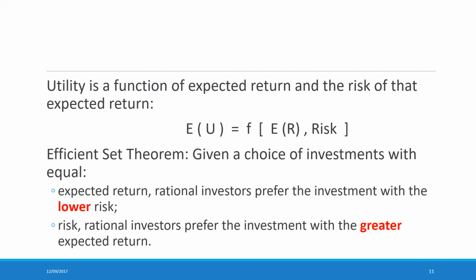And given the risk aversion of the investor, we have an efficiency theorem where, given the choice of investments with equal expected returns, the investor would pick the investment with the lower risk, right? And vice versa, if the investor has two different options with the same level of risk, they will choose the one with the higher level of returns, right? So investors are risk averse in the sense that they require higher return for risk.